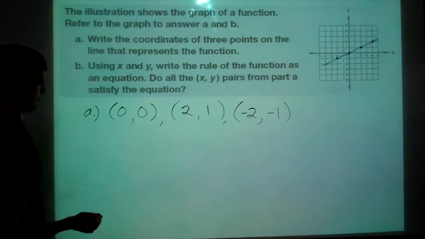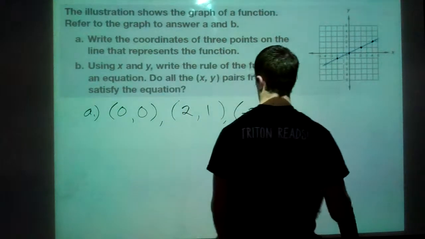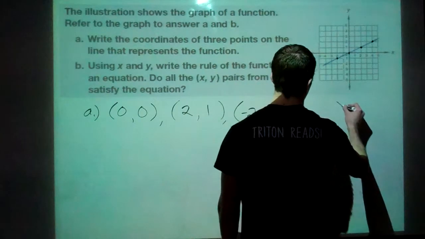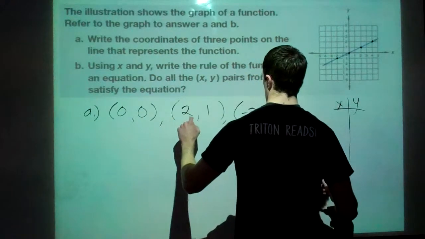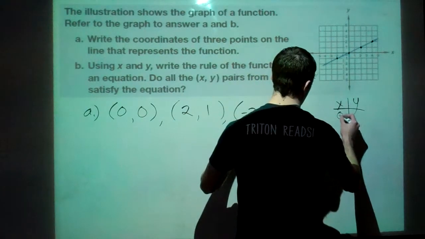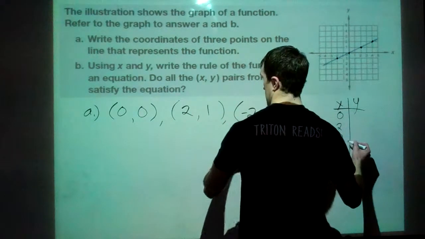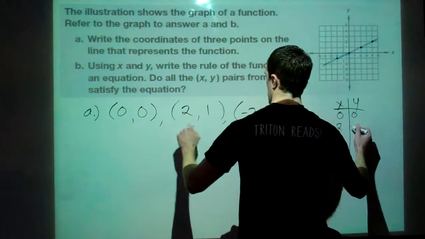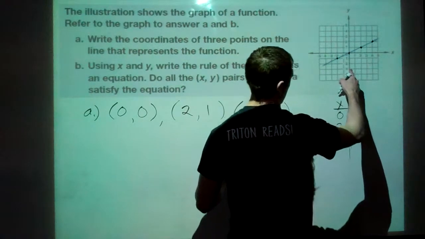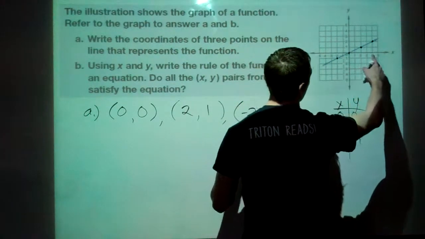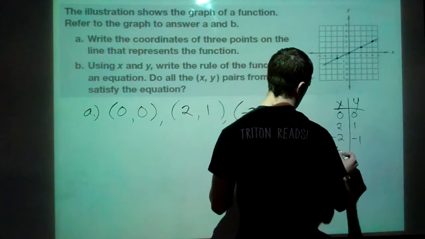So, it looks like, if I write these out here, all of our x's are 0, 2, negative 2. Our y's are 0, 1, negative 1. A couple of the other ones we didn't put. Over 4, up 2.